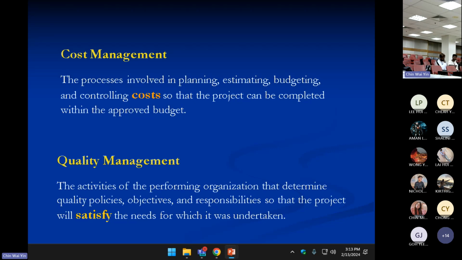And then quality management: all the activities of the performing organization that determine quality policies, objectives, and responsibilities, so that the project will satisfy the needs for which it was undertaken. That means who is in charge of approving whether a task has been done satisfactorily, and what does satisfactory mean, and so on.